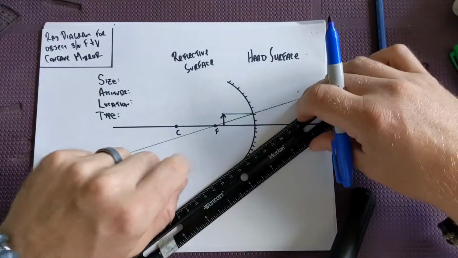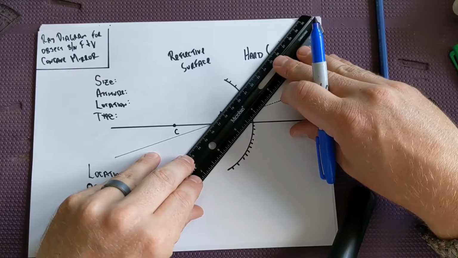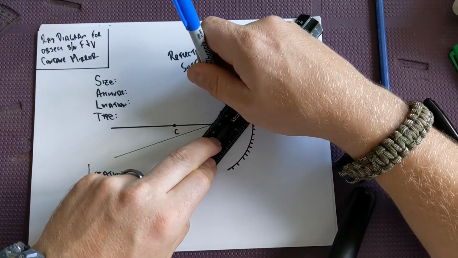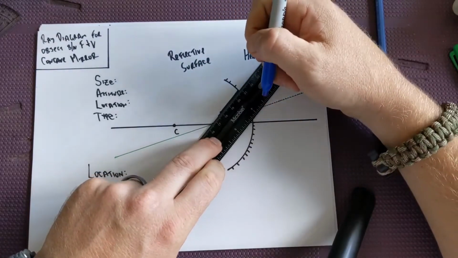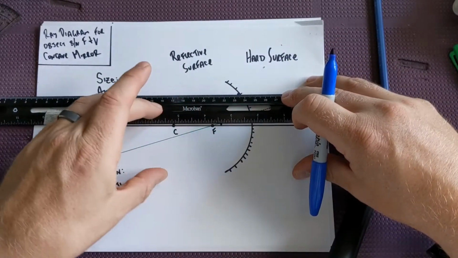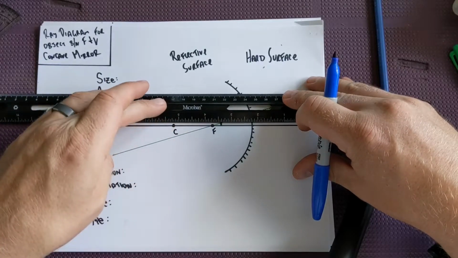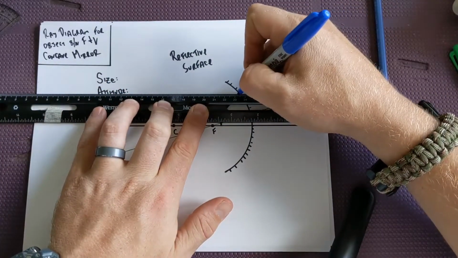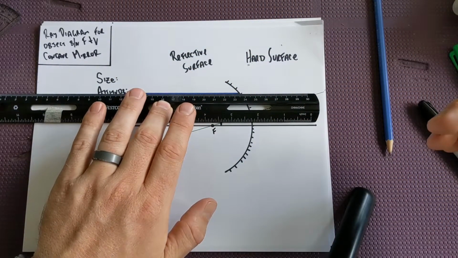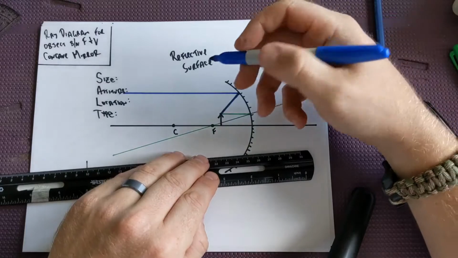I'm going to line my ruler up with the focal point and the top of the object, so that the ray travels from the top of the object to the mirror and then travels parallel to the principal axis.